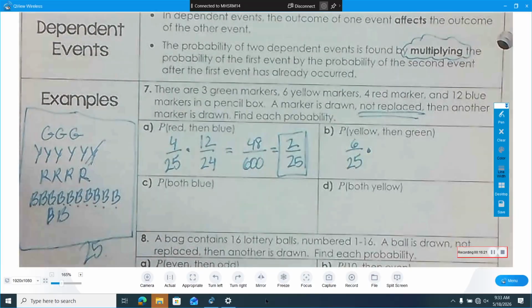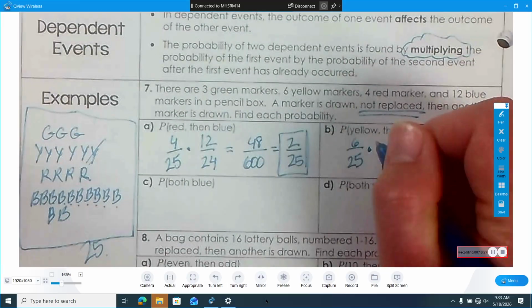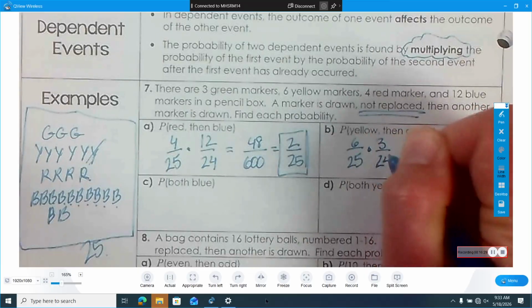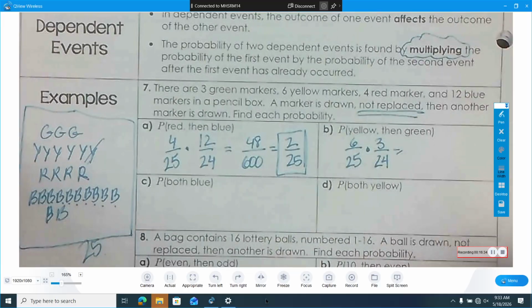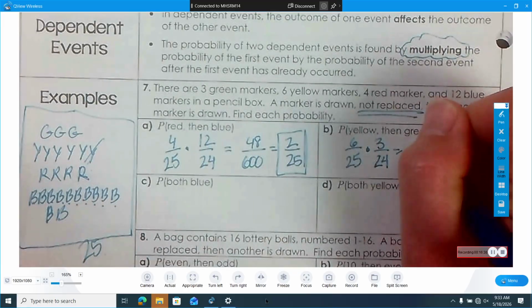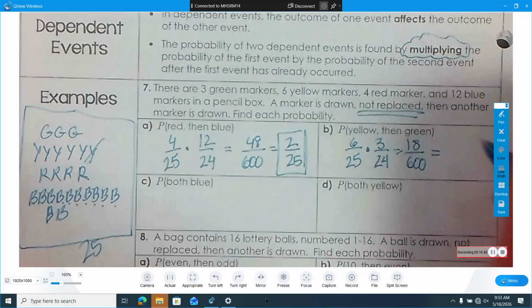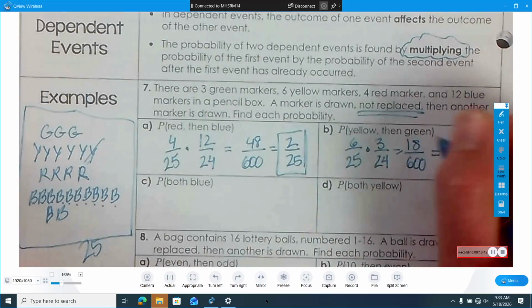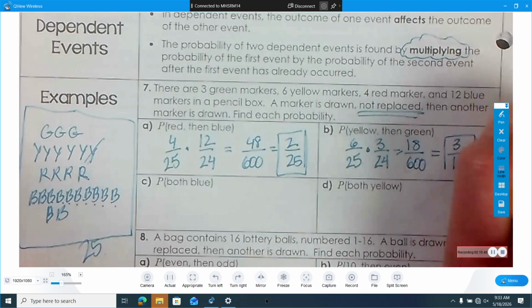Now what's the probability I draw a green one? 3 out of 24. There are 3 greens, but only 24 marbles in there now. That turns out to be 18 over 600. And if you math frac that, divide by 6, we get 3 out of 100.